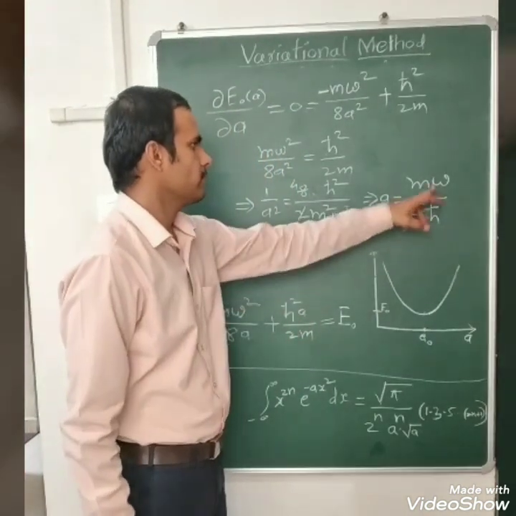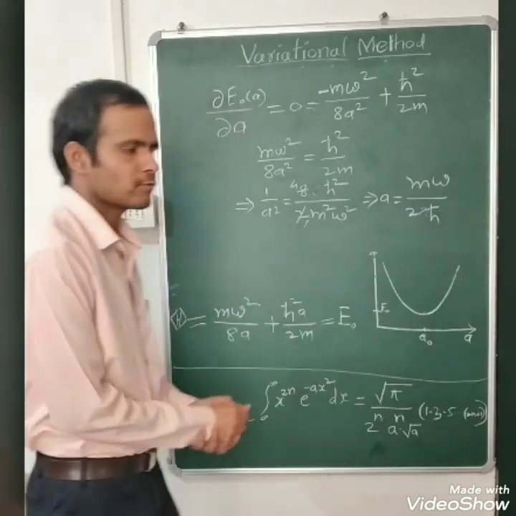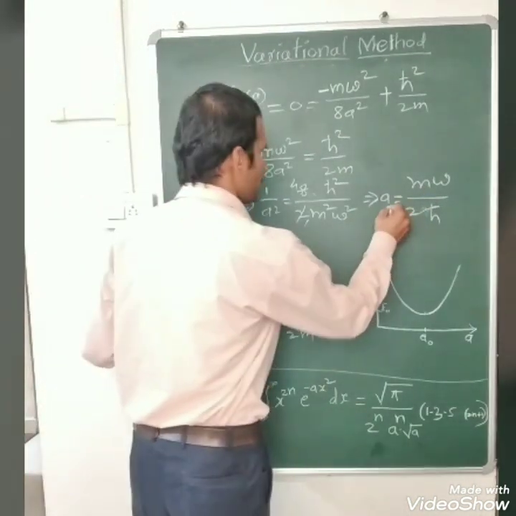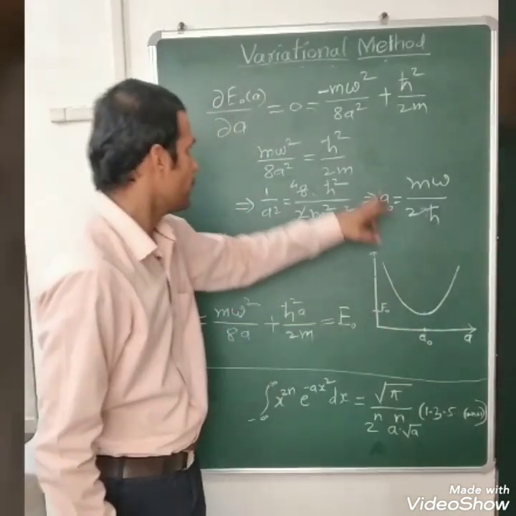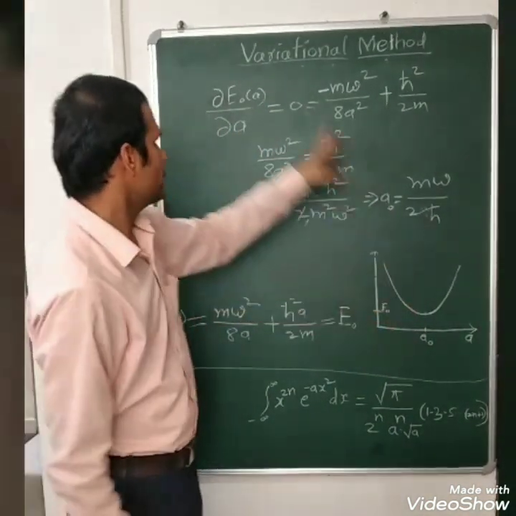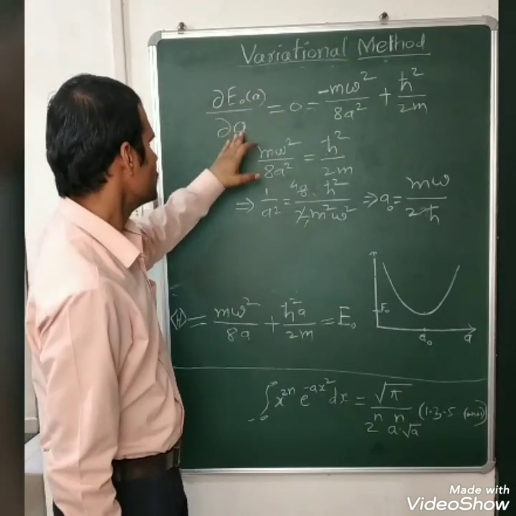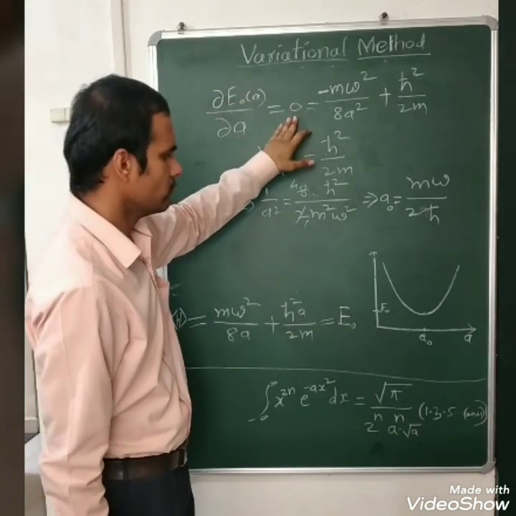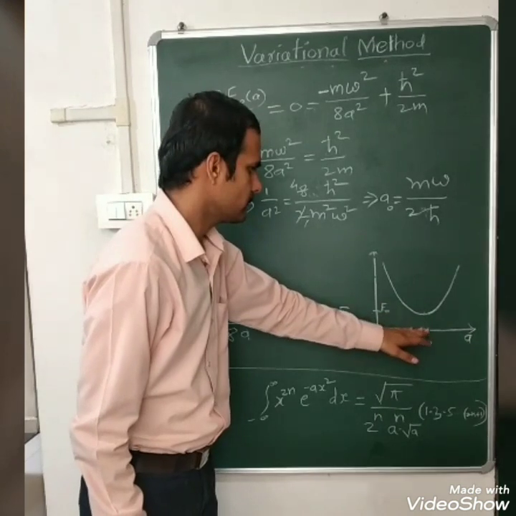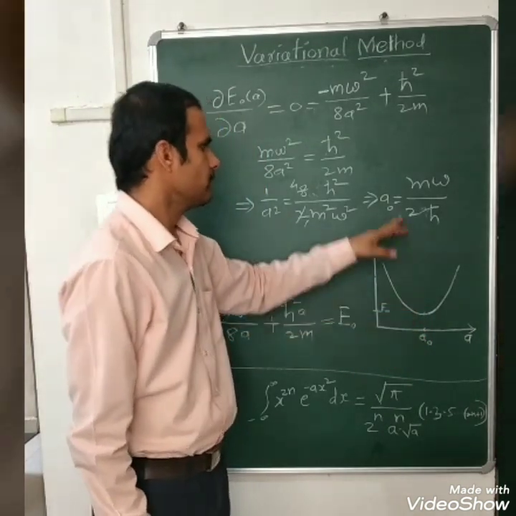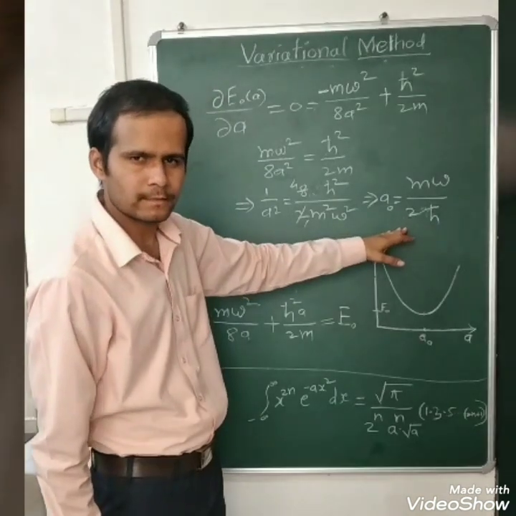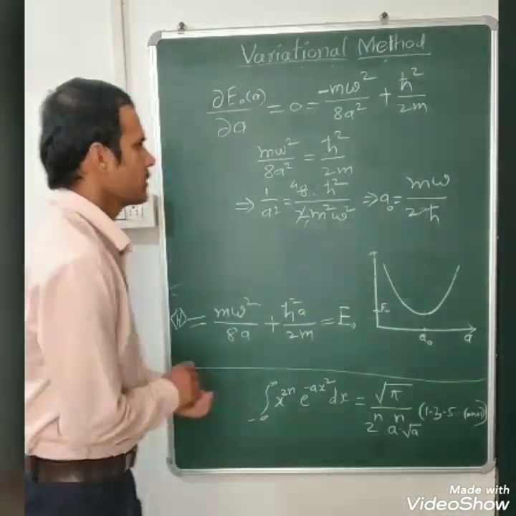This is A0, where we applied the condition ∂E/∂A equals 0. Hence this is the value of A0 at minimum energy, so we can say it is the ground state energy.